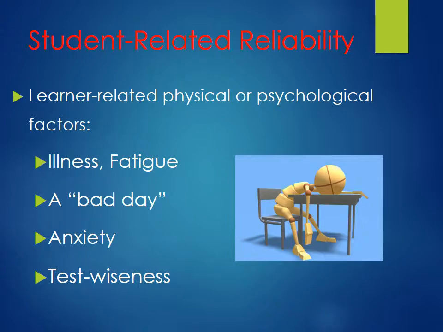When we talk about reliability, there are several different focuses that we can consider. The first is student-related reliability. This has to do with the consistency of the student, him or herself. And these are some factors that can affect student reliability, right? Fatigue, having a bad day, anxiety. And then one to consider is test wiseness.